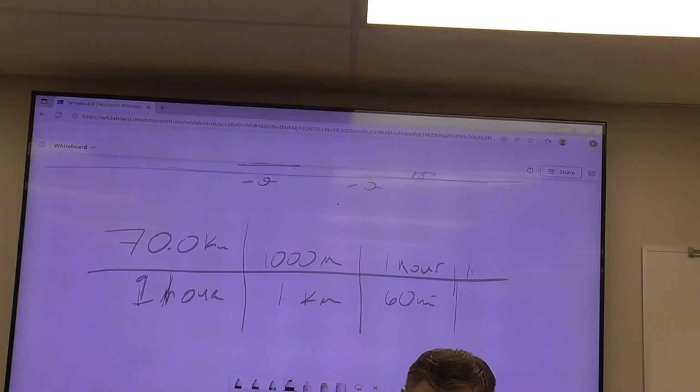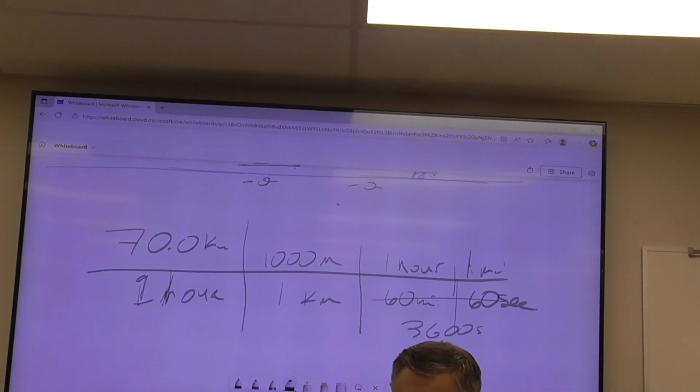Then you take 1 minute and make it into seconds, which is 60 seconds. Or, option number 2, if you don't like doing that in steps, you can just go 1 hour is 3,600 seconds. Now, here's the shortcut version.